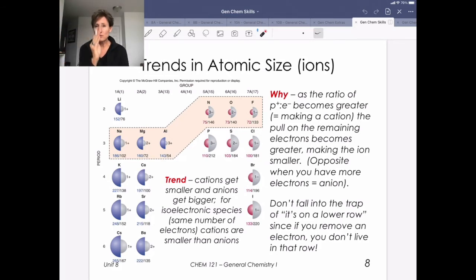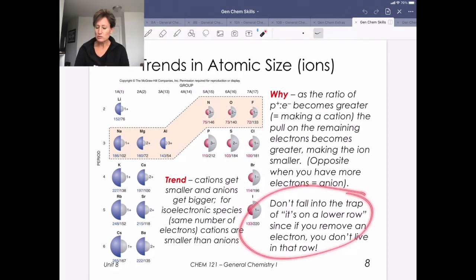So if we compare fluorine to fluoride, fluorine actually becomes bigger because there's now more negative than there is positive. So it's going to make our onion get a little bit bigger. But if we have sodium as a metal versus sodium as a cation, once we lose that outer shell electron, we actually become significantly smaller because we've lost that outer onion layer, and now we have more positive than negative. They're going to be pulling those electrons in more tightly.